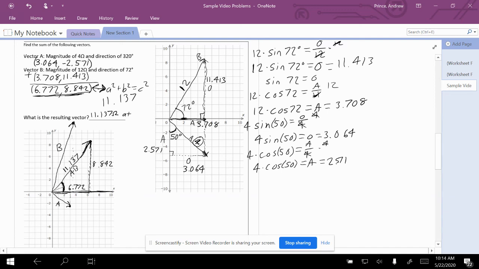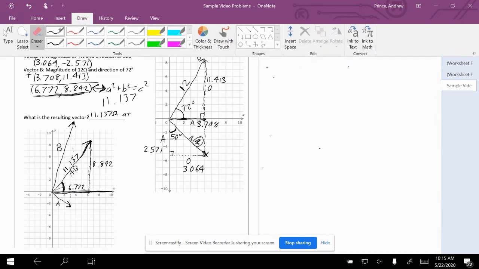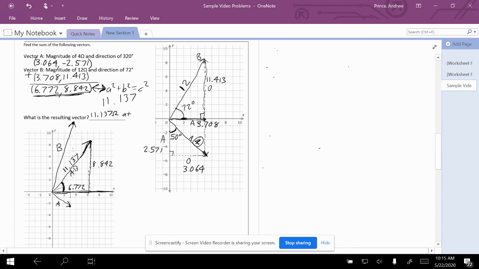Let's see if we can erase some work here to make some room. I know that tangent of theta, our unknown angle, is equal to opposite over adjacent. So tangent of theta is 8.842 over 6.772.